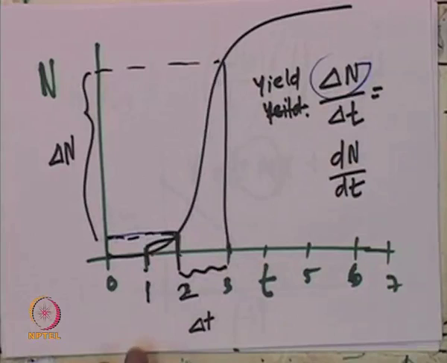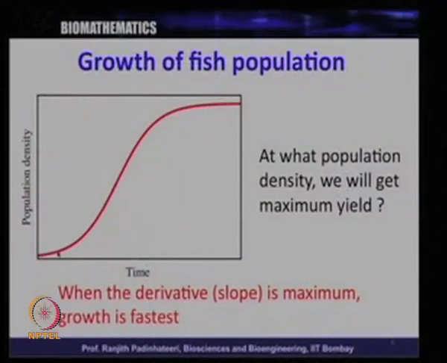As you can see in this graph, if you keep calculating the slope from here to here, you will find that somewhere in the middle the slope is maximum. That is the place where you get maximum yield. That is, in 1 day, in unit time, how many more fish you get, that is the yield.